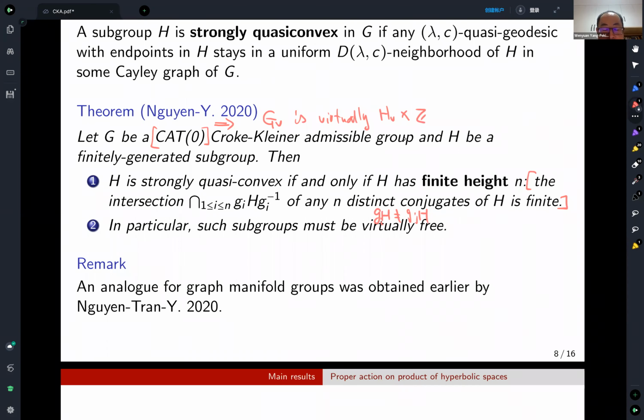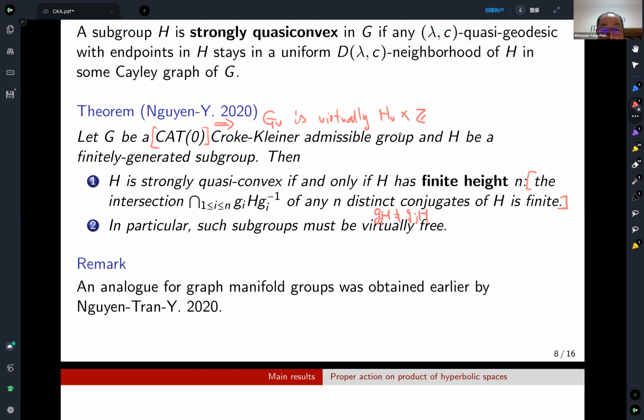So this is some kind of opposite of a normal subgroup. If H is normal, the conjugates should all be the same. If H is infinite, then an infinite normal subgroup will never have finite height, and also the index should be infinite.